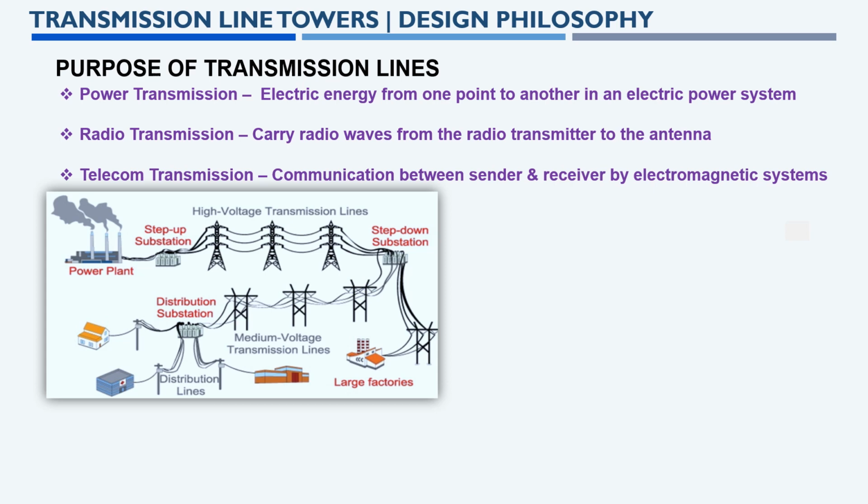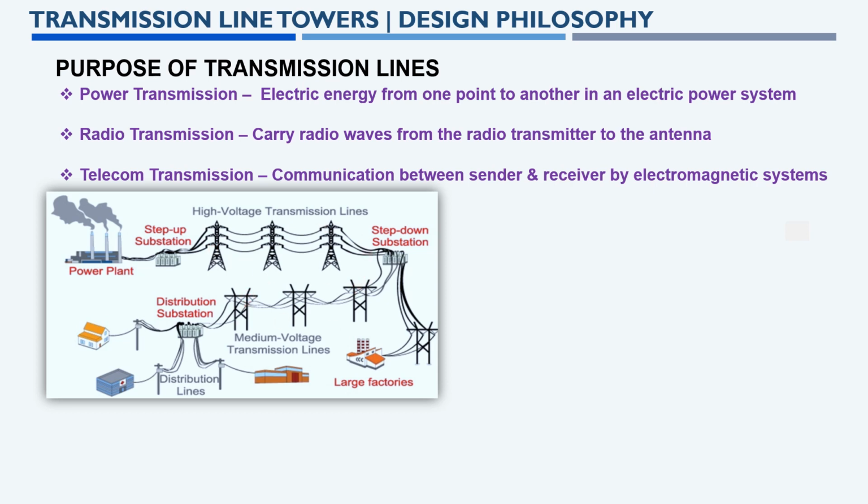From the distribution substation, it is supplied to utilities like residential areas, small scale industries or hospitals. So distribution lines are also required. Here you can see high voltage transmission lines, medium voltage transmission lines, and the distribution lines. These are what we call power transmission lines.